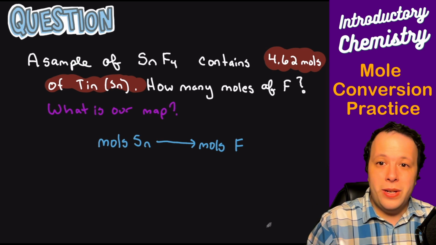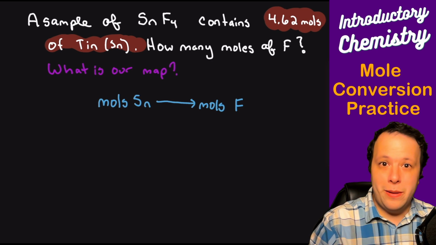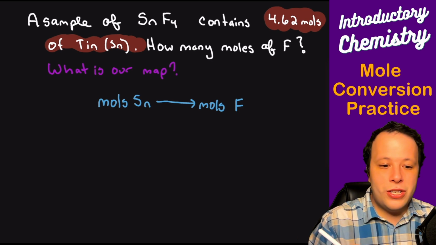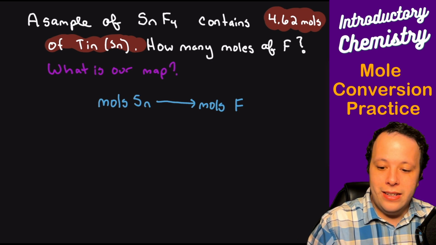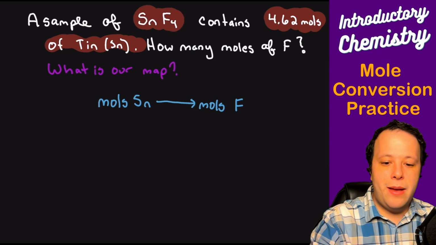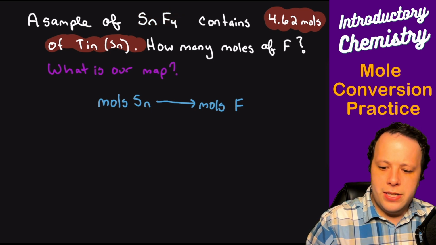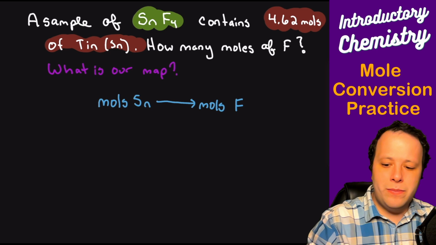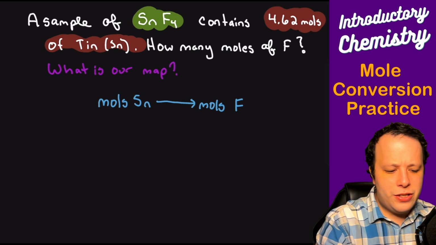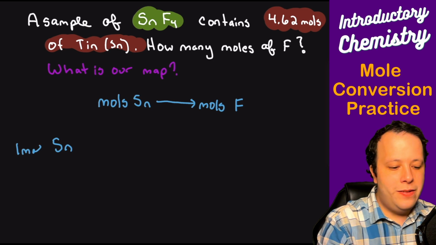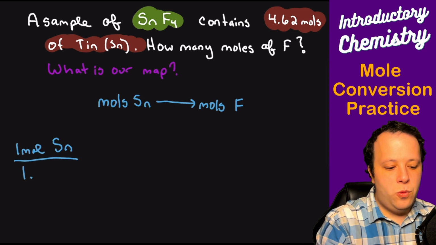Well, once again, we can represent this with our subscripts. There are different conversion terms we can actually gain by reading this chemical formula up here. So what can we get from that? Just so you can see, we can say that for every 1 mole of tin, I have 1 mole of SnF4.